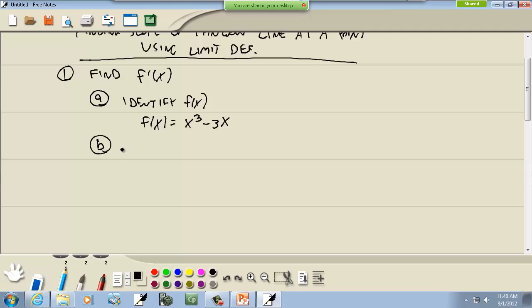Our second step is to find f of x plus h. This is the same steps we just did. So for f of x plus h, we're evaluating the function. I'm going to take where my x is, and I'll put it in parentheses. Everything else remains the same. Whatever's inside these parentheses is automatically what's going to go in over here.